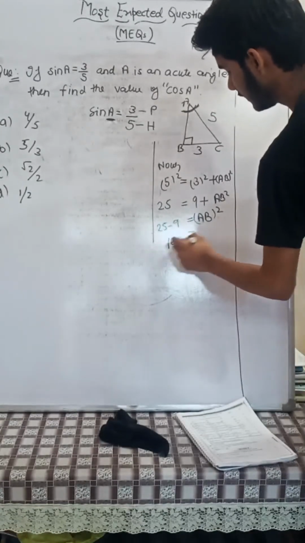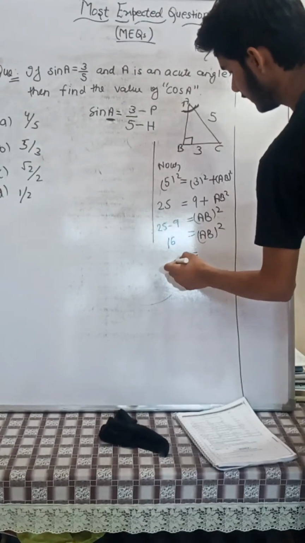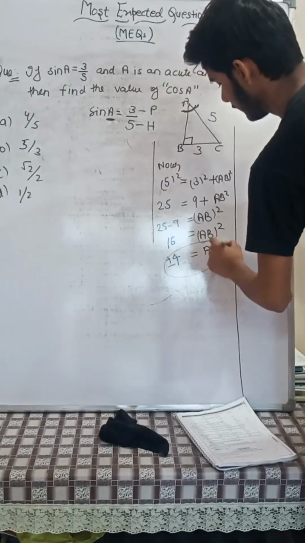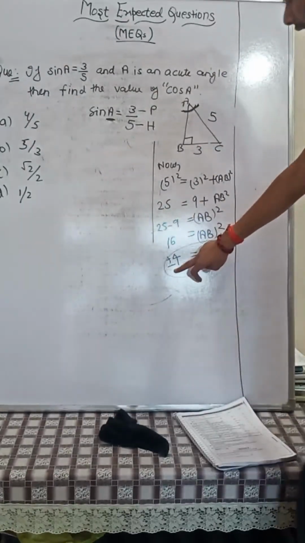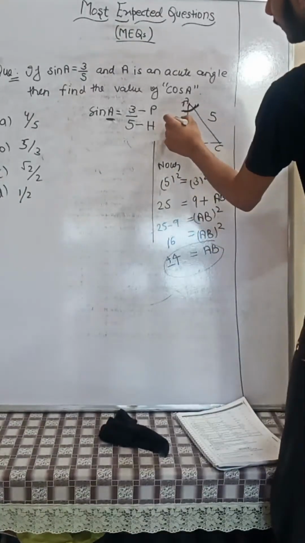Here this is 16, AB is plus minus 4. As you all know, the length can never be negative, then we take here plus 4.